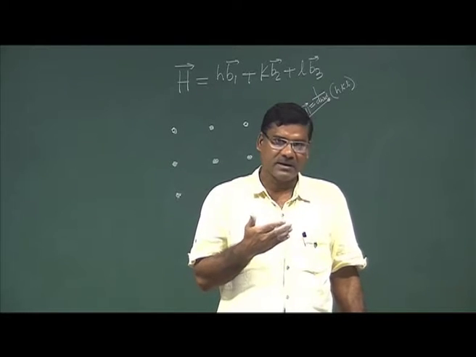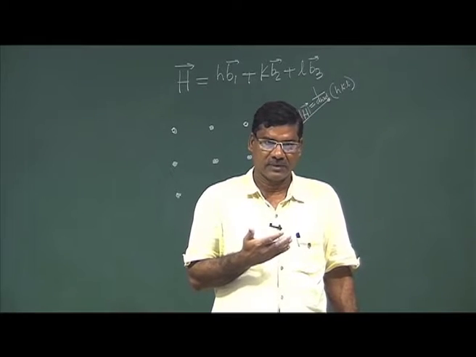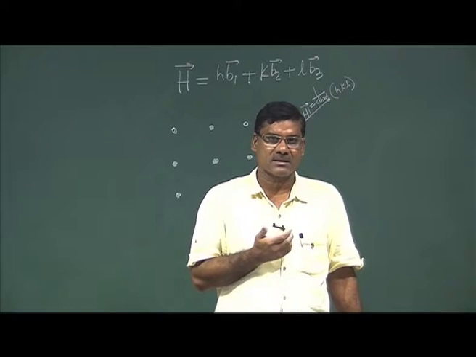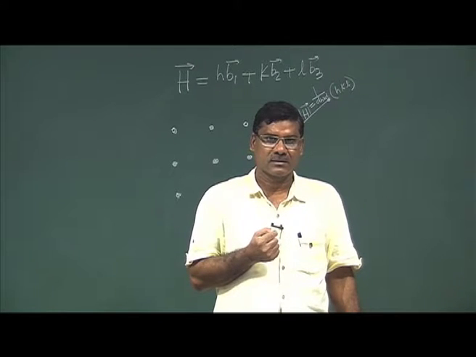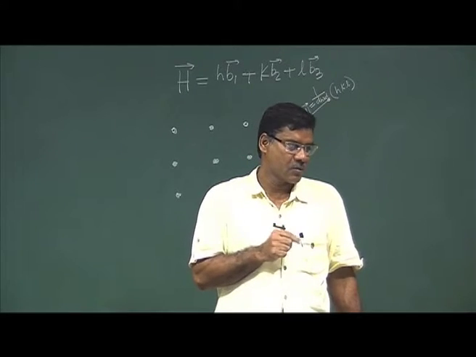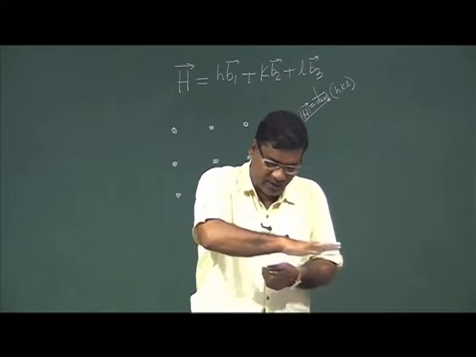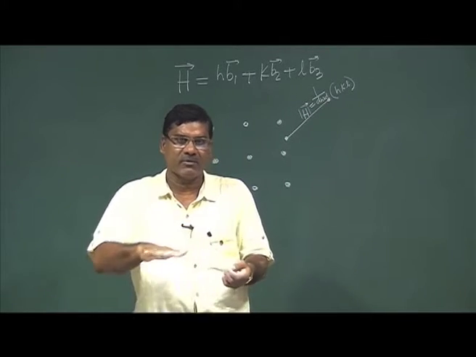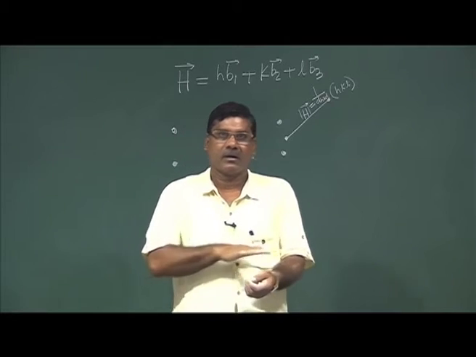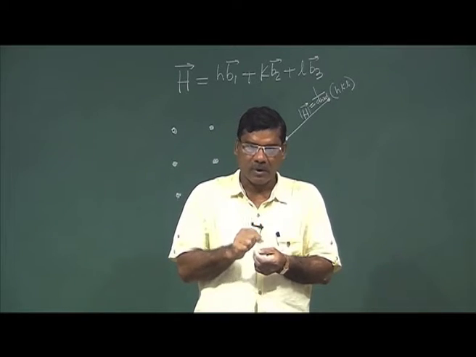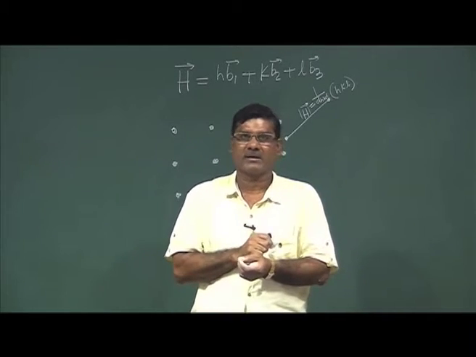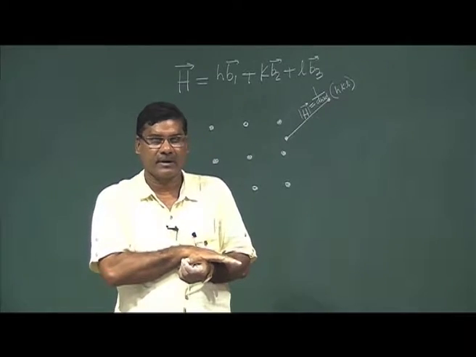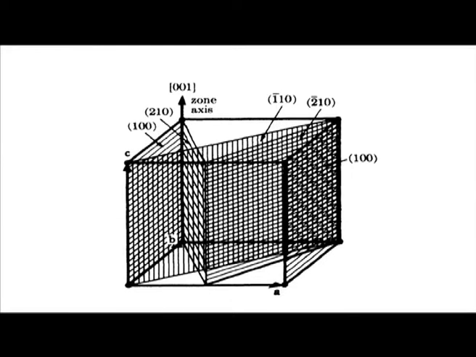All normals of all zone planes will be coplanar, meaning they will be on the same plane.